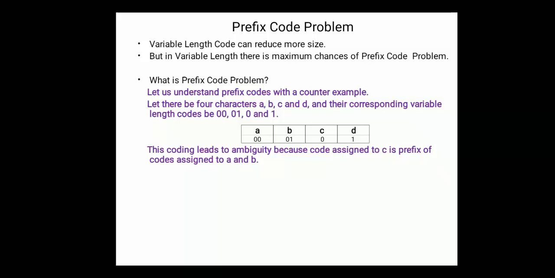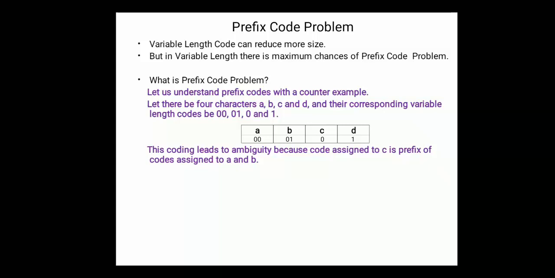Suppose we have 4 characters A, B, C and D, and their corresponding variable length codes are, say, 00, 01, 0 and 1. Here A is represented by 00, B by 01, C by the single bit 0 and D by 1. This coding leads to ambiguity because the code assigned to C is a prefix of the codes assigned to A and B.